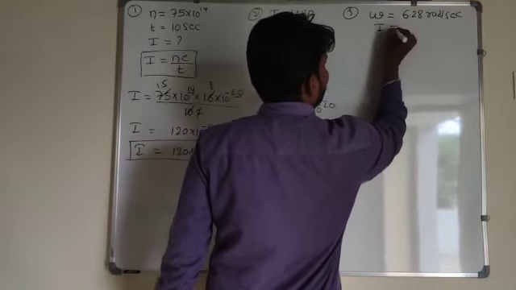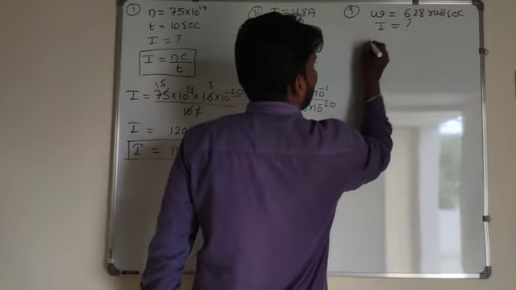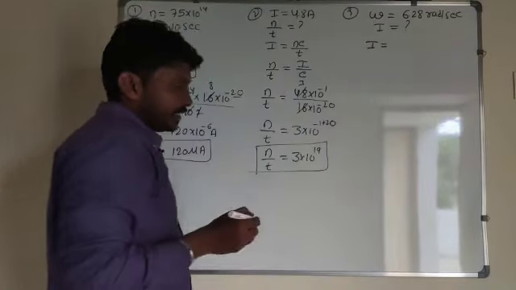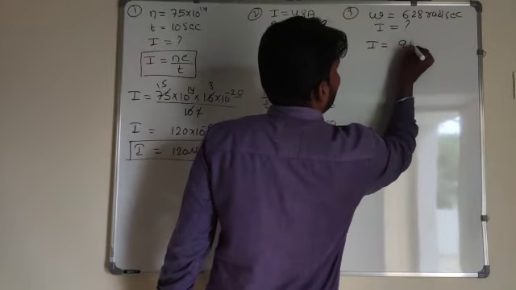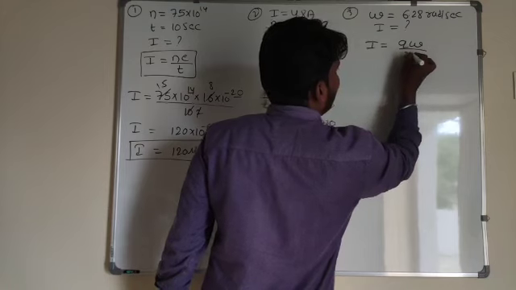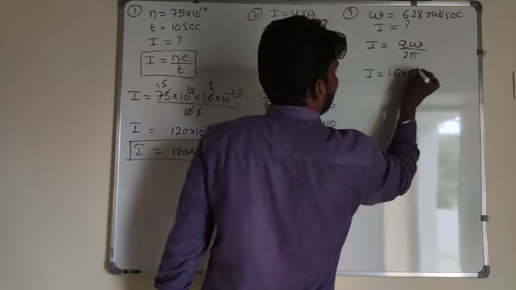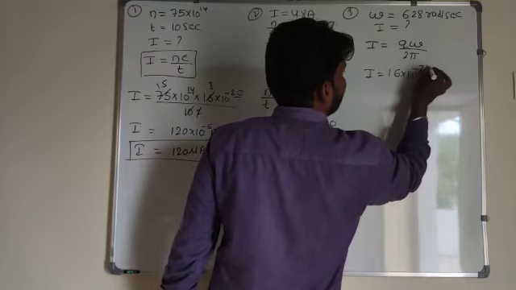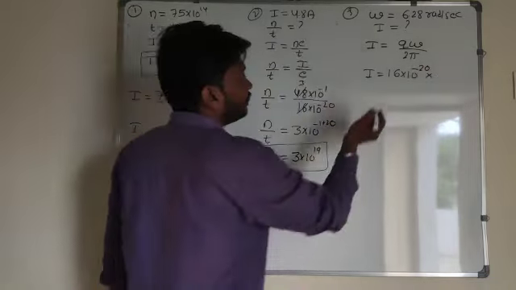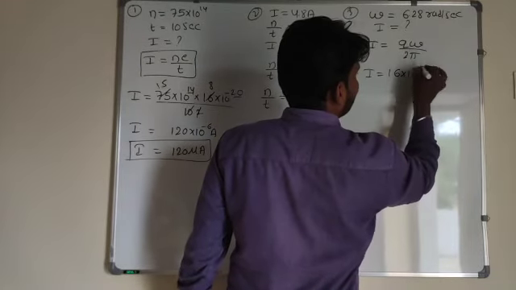What do I need to find out here? Electric current. What is the connecting formula? I is equal to Q into omega divided by 2 pi. Q value is 1.6 into 10 to the power of minus 19, in terms of 19 only.